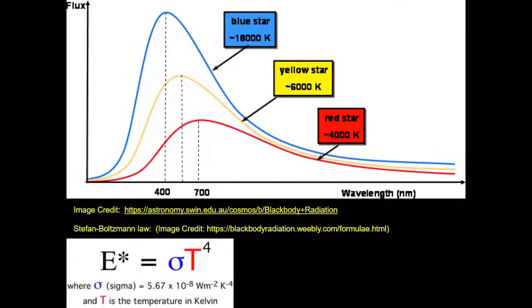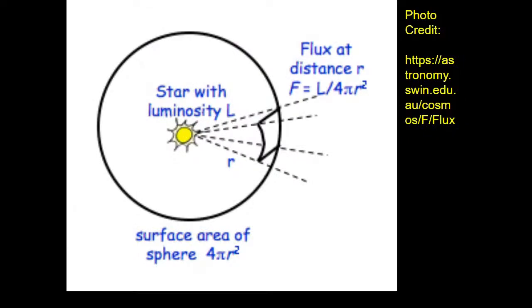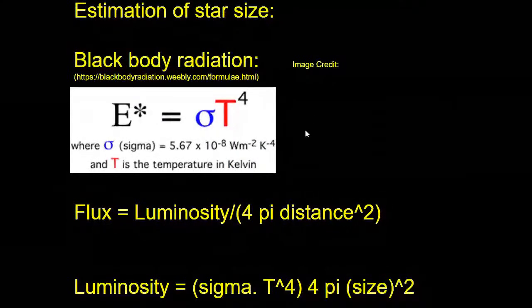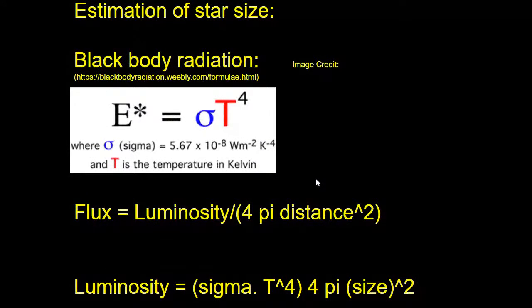And since the surface area of the photosphere is 4 pi times the square of the radius of the star, we can find out the luminosity of the star.